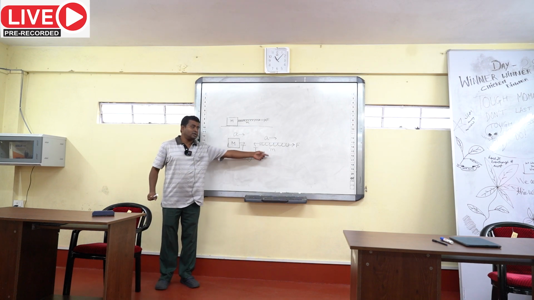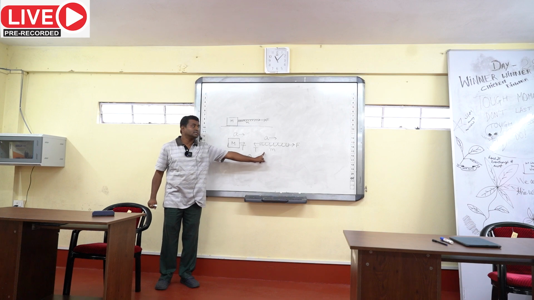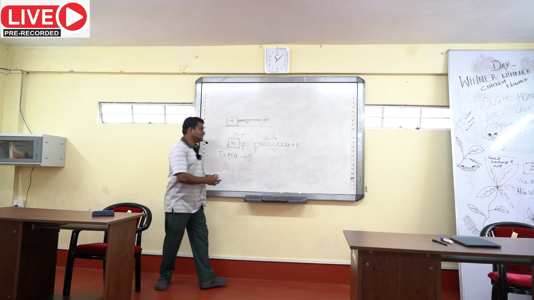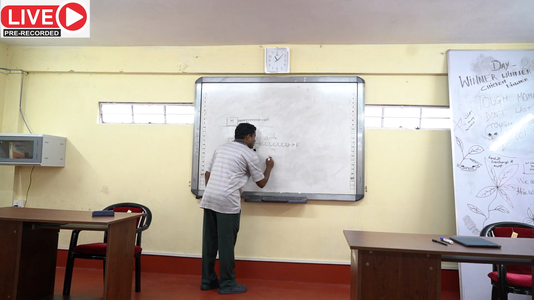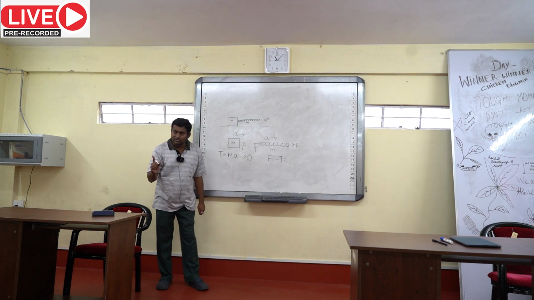Now for the rope, another mass, what are the two forces? F and T. Which force is in the direction of acceleration? F. Opposite to acceleration? T. So what is the resultant force? F minus T. This is the resultant force.